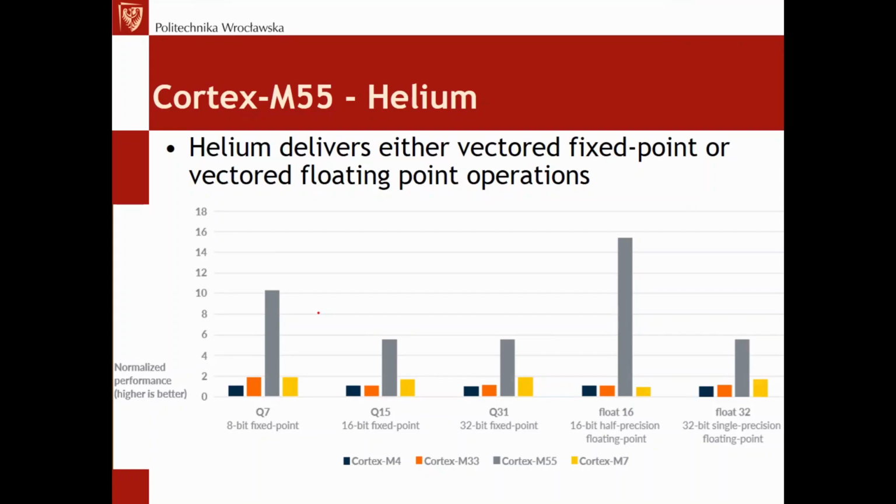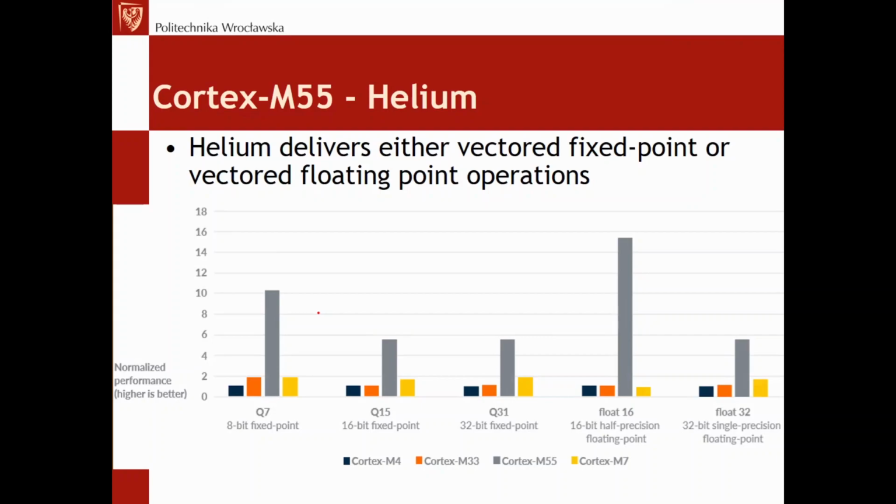For the 8-bit operations, 6.5 times faster than M7 theoretically. With M7 super scalar core, here vector operations, because we talk about this Helium coprocessor. Still, with 16-bit and 32-bit fixed point, it's just, let's say, just 3 times faster, but it's still a huge performance difference.